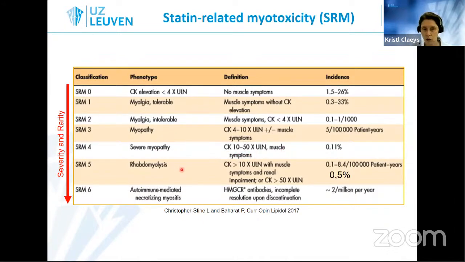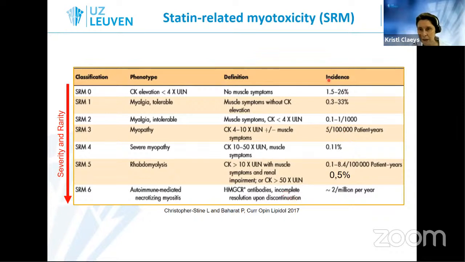And then we come to the two more severe side effects on the skeletal muscle. That's rhabdomyolysis, where CK is very high with muscle symptoms and, in some cases, renal impairment. This is SRM5. And SRM6 is the autoimmune-mediated necrotizing myositis, where there are HMGCR antibodies, with incomplete resolution after stopping the statin.